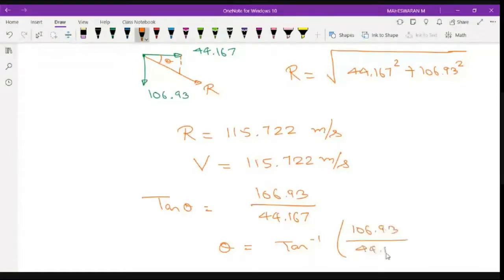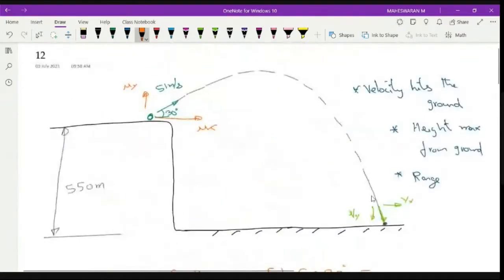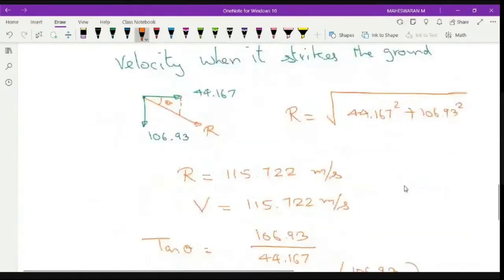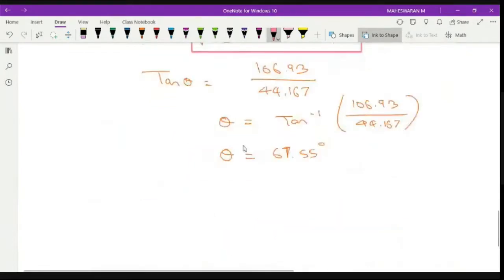The value of theta is 67.55 degrees. So when it hits the ground, it is hitting at about 67.5 degrees angle, and the velocity is 115.722 meter per second. Velocity is a vector quantity, which means you have to identify both magnitude and direction.